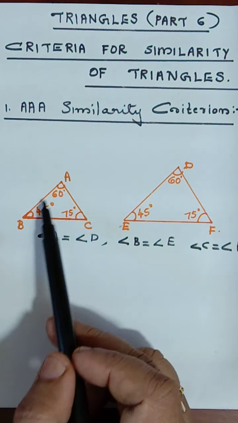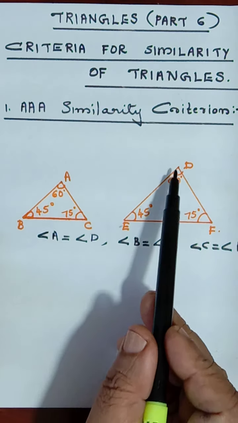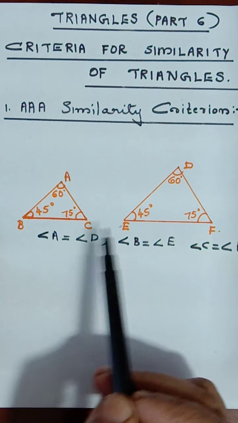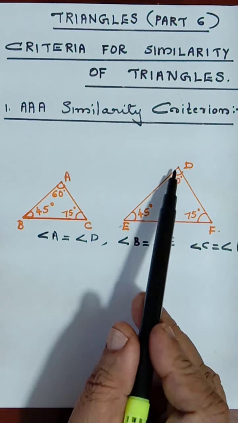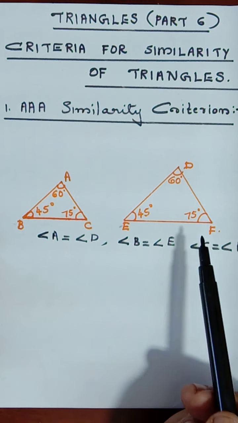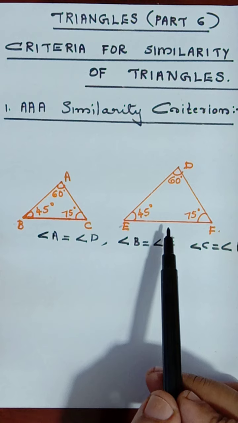Here corresponding sides means AB and DE. So AB by DE will be equal to BC by EF, that will be equal to AC by DF. That is why we can say that these two triangles are similar.